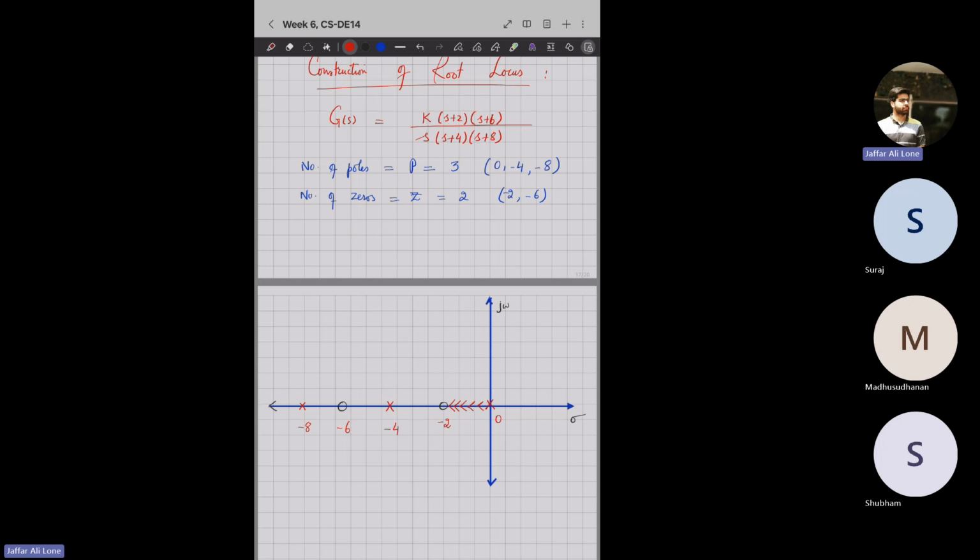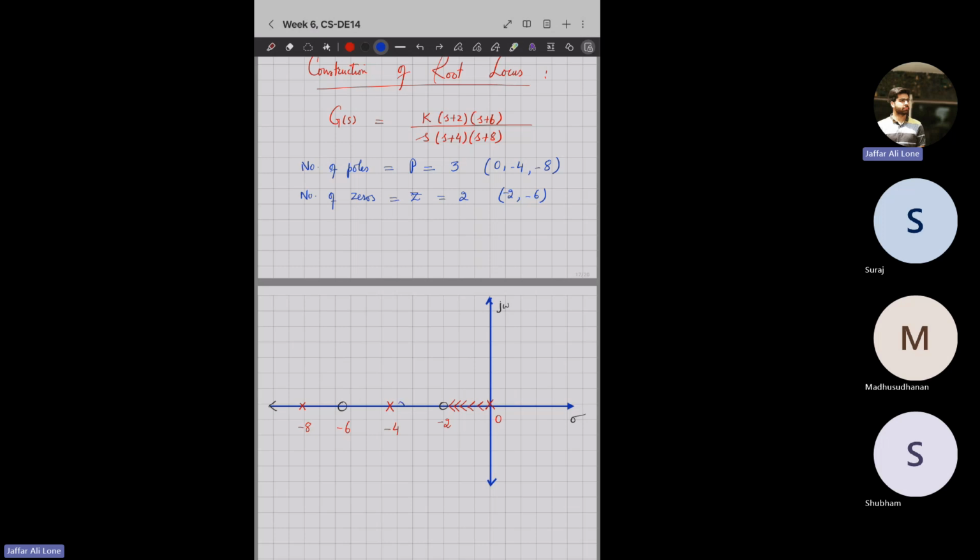Now let's consider this pole at minus 4. To the right of this pole, we have 1 zero and 1 pole, so the sum is 2. 1 plus 1 is 2, which is an even number. So this region is not a part of the root locus, because the root locus starts from a pole and terminates at a zero.